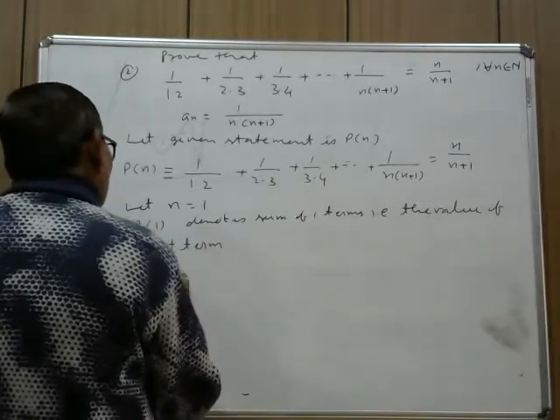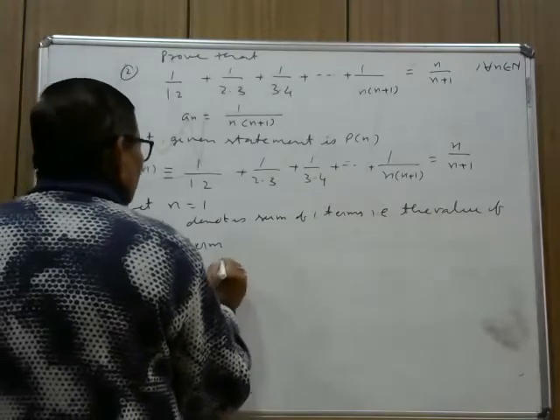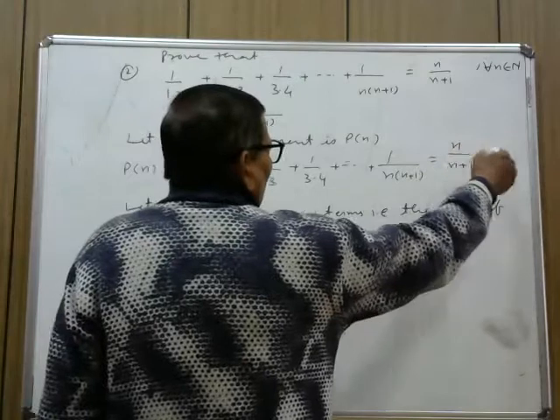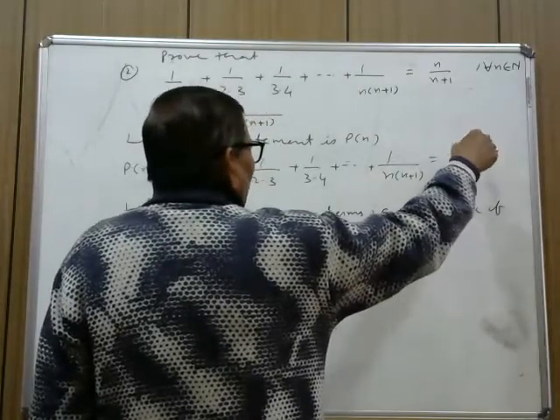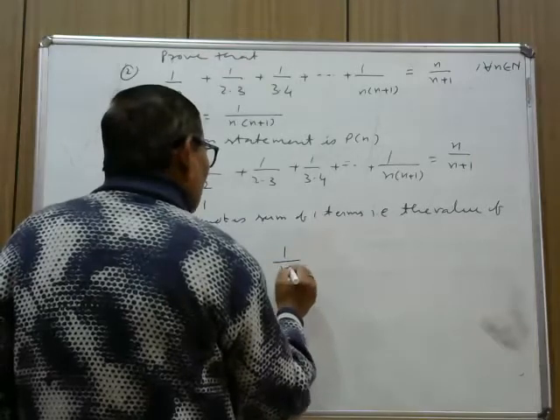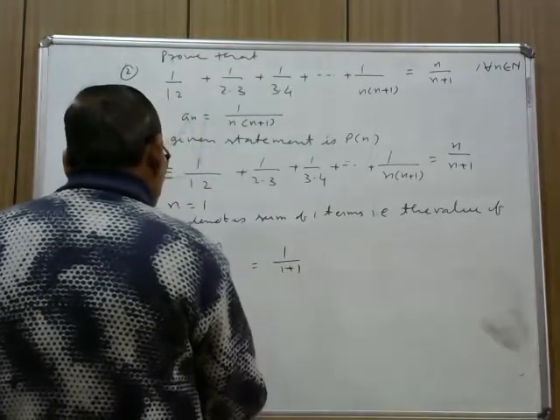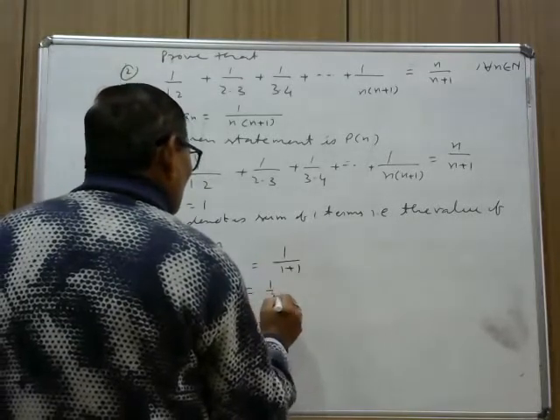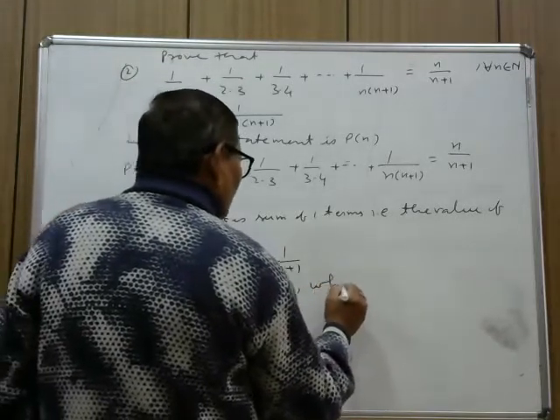So you can write P1 is equal to 1 by 2. Now you substitute n equal to 1 in its sum, that is equal to 1 upon 1 plus 1. So P1 equals to 1 by 2 equals to 1 by 2, which is true.